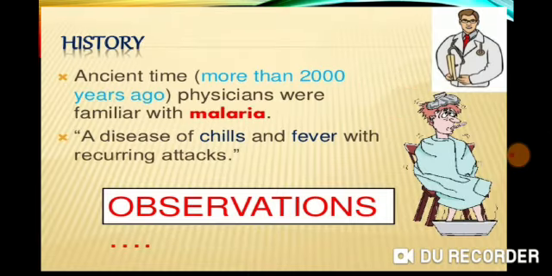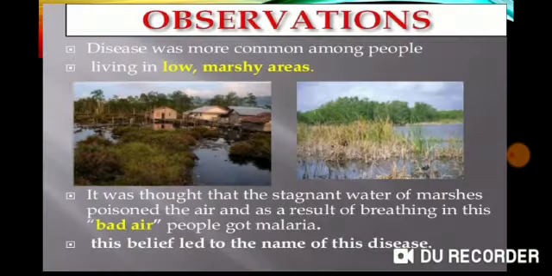According to histories of ancient times, more than 2000 years ago, a few physicians were familiar with malaria, and they said that it is basically a kind of fever, a temperature that has chilling effects on the body.